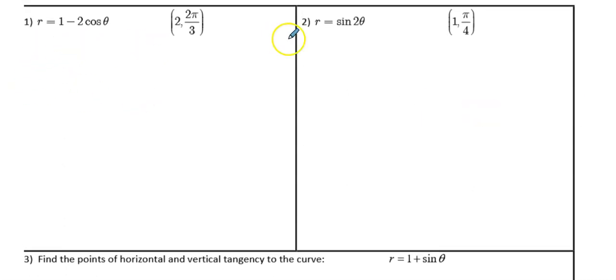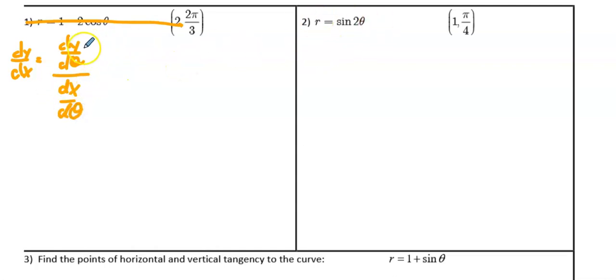One of the things we discussed in the previous example, I'm going to just do all the space for 2, so we'll get rid of this. In order to find dy/dx, we have to find dy with respect to theta, and then dx d theta. So first thing is we're going to do y. Well, we did this last time where we multiplied both left and right hand side by sine.